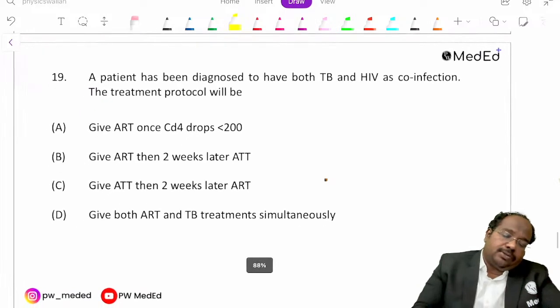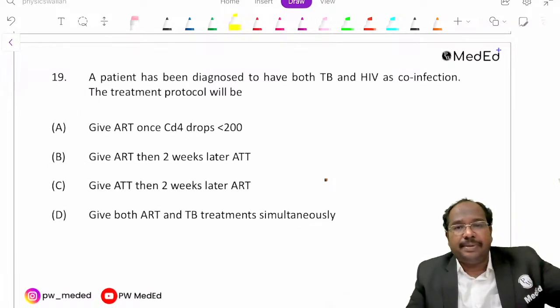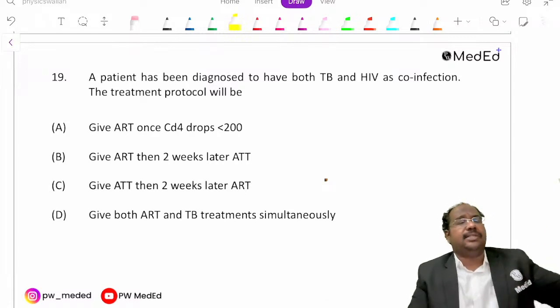Go to the next question. A patient has been diagnosed to have TB and HIV. What is the treatment protocol?